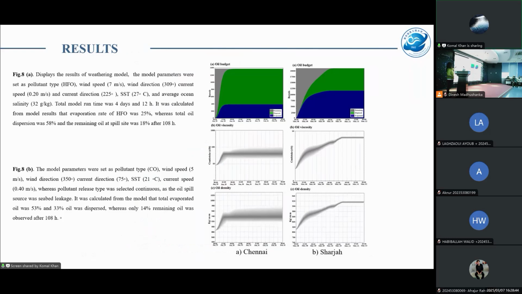With this ODIUS model, when we put in accurate, different parameters, as you can see, what type of pollution it was, what was the wind speed, wind direction, salinity, sea surface temperature, and provide all these parameters to the model, then it predicts how much oil was dispersed, how much oil was evaporated, and how much oil was still there after a few days, after a few hours. You can run this model according to your desire.